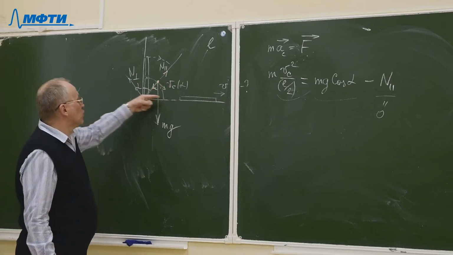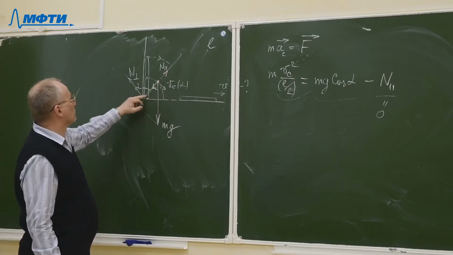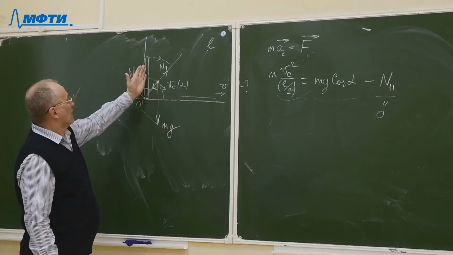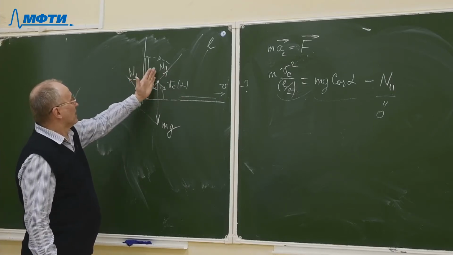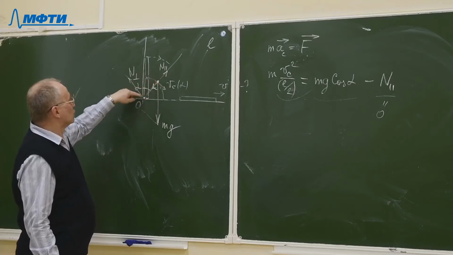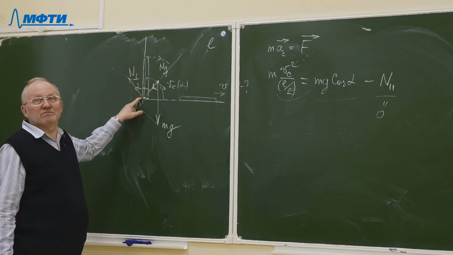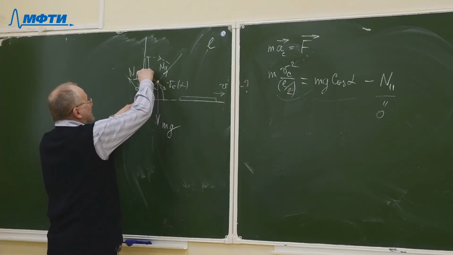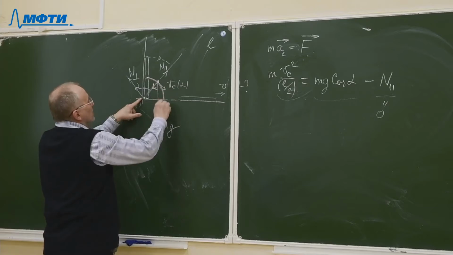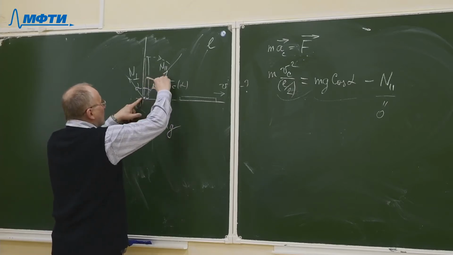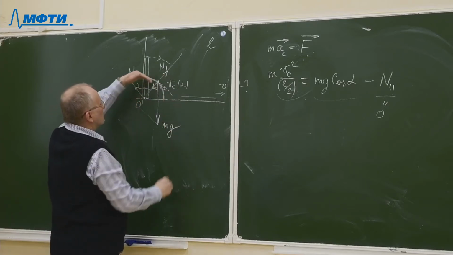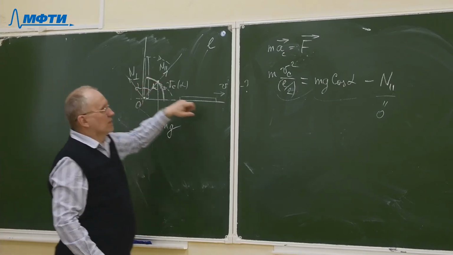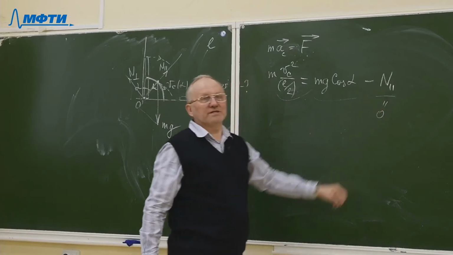In this moment, no horizontal component of the force will act in this direction, and the plate will lose contact with the wall. It means that it will cease going along the circular trajectory, and it will start going at some other trajectory other than circular. So it will lose contact with the wall when this force is 0.